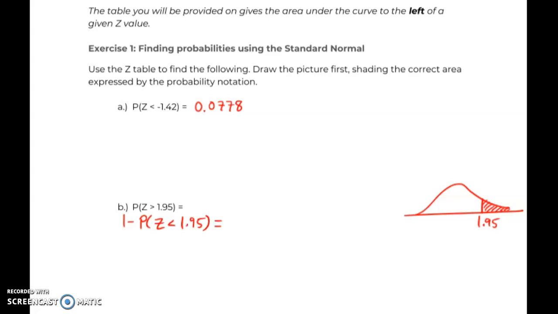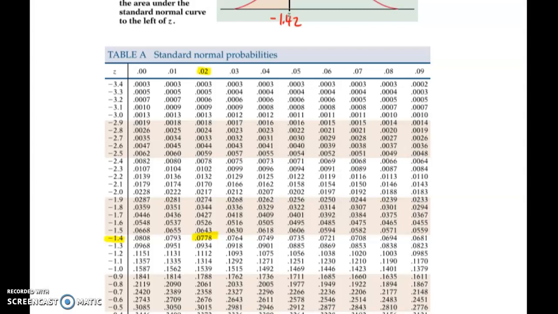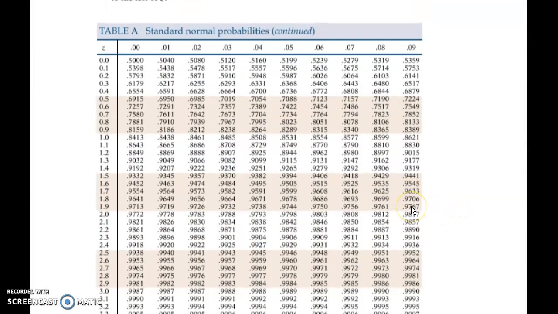On our z-score table, we're going to go to the positive side. We're going to find 1.9 over on the left, 0.05 on the top, and see where those two connect. So 1.9, 0.05, putting those two together, we end up with a value of 0.9744.